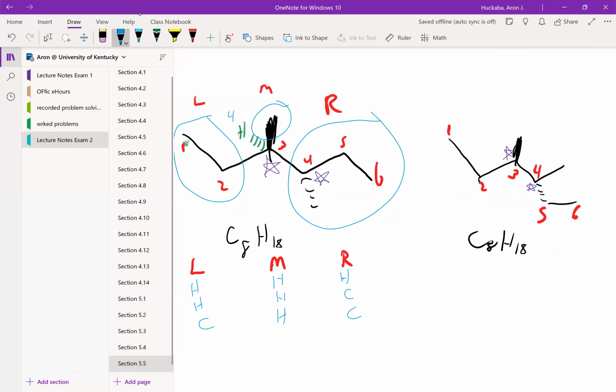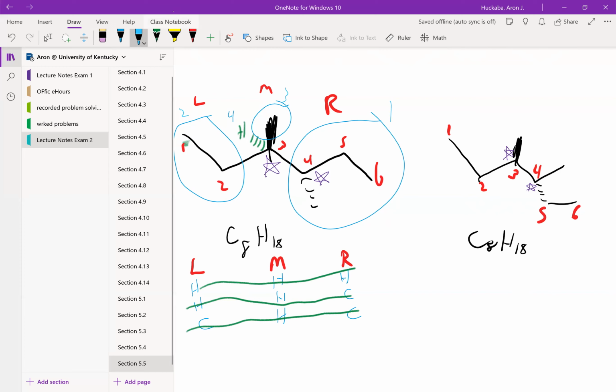All right, so no one has 3 carbons, but the one on the right doesn't have a second hydrogen, which means it is number 1, right? That's the highest priority, and then the second highest priority looks like it's the left. So that'd be 2, and 3 is the middle.